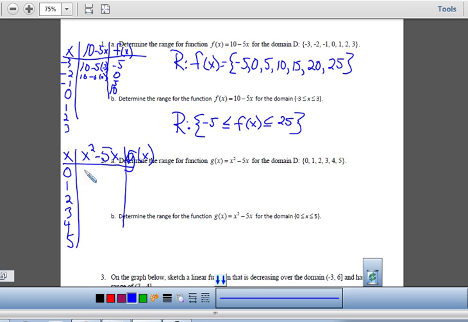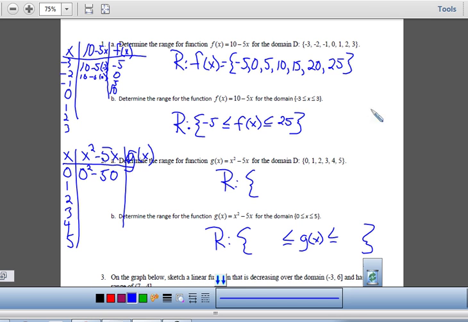You're going to plug in 0 and get an answer, and then give the roster form. And then down here you're going to give a form that looks like this, where you have g of x in the middle, and you'll use your answers up here to find the smallest and greatest value. Alright? Okay.